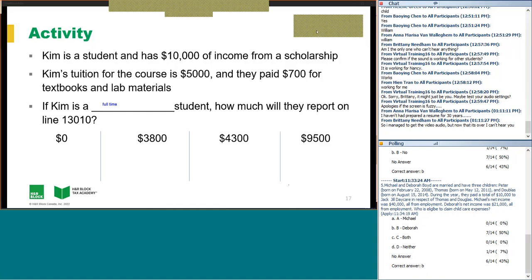Great. Let's do another one. So this time, I'm going to tell you that Kim is a postdoctoral fellow, no research component. So they are in a qualifying institution, but they are not a qualified student. In that case, $10,000 scholarship, same tax slip, how much will they have to report on line 13010?